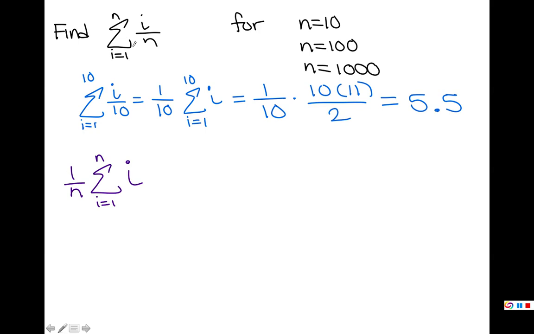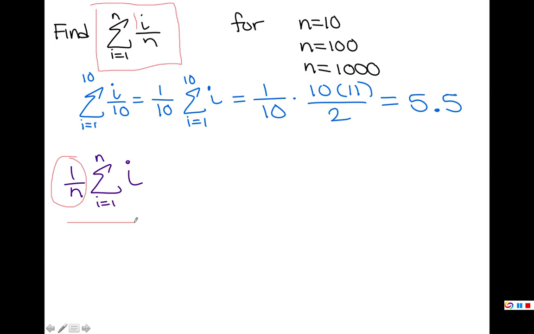And so what I mean by that is if you look at the original problem, right up here, the sum from i equals 1 to n of i over n, you could pull the constant out front, and the constant is going to be 1 over n. So in these sigma problems, in these summation problems, the i is always the variable. So that means that 1 over n is the constant. And then we're adding up i.